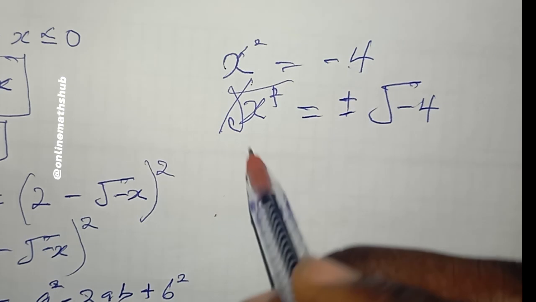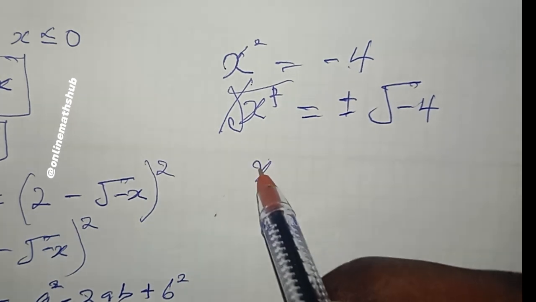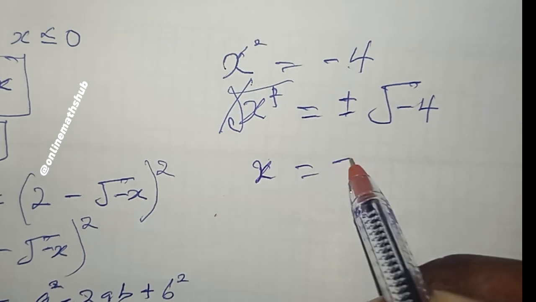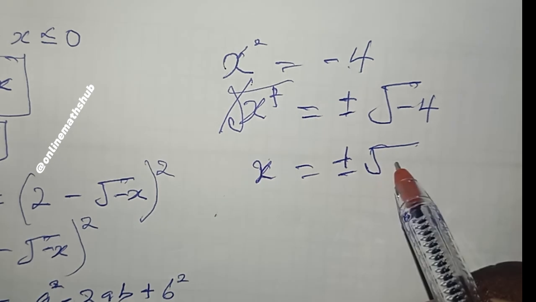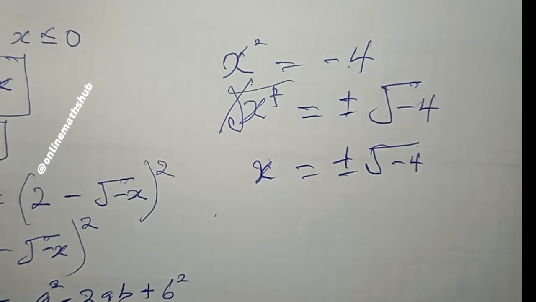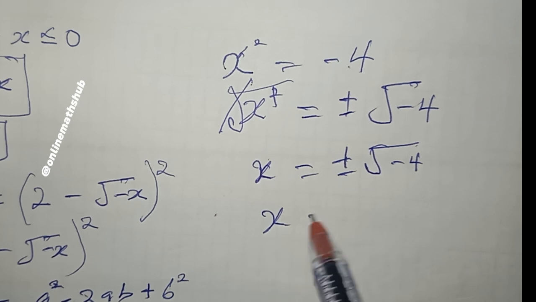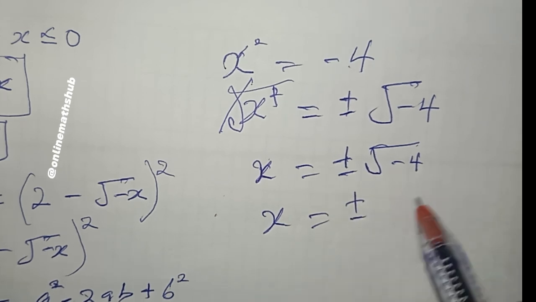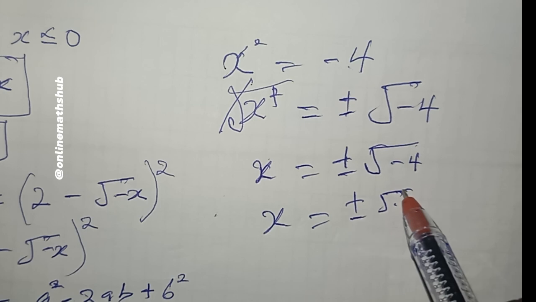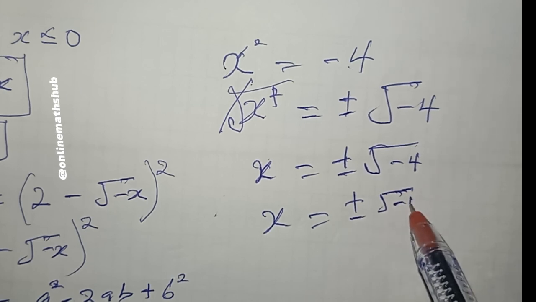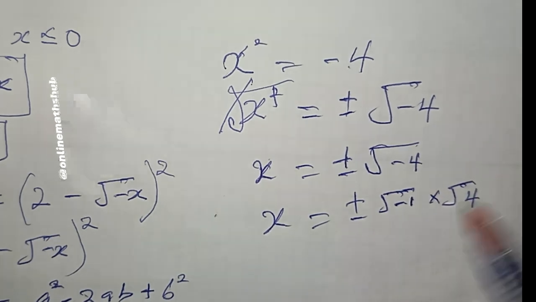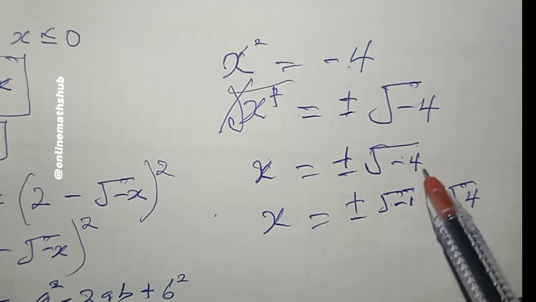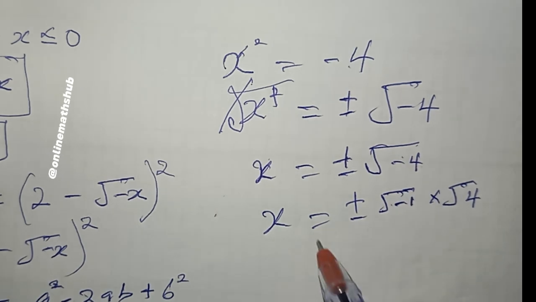Of course, this will cancel this, and then x is equal to plus or minus the square root of negative 4. Okay, and then of course I can go ahead to split this. I can split these as square root of negative 1, and then times square root of 4. Of course, if I multiply both of them, I'll be back with negative 4.